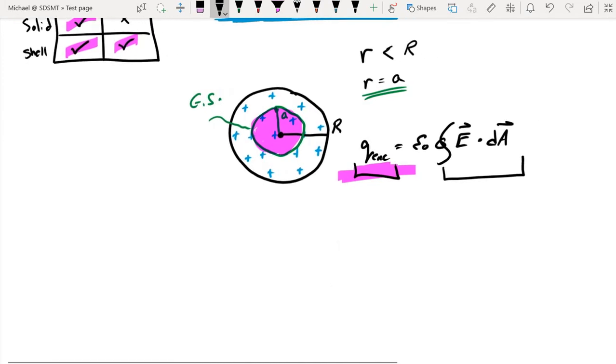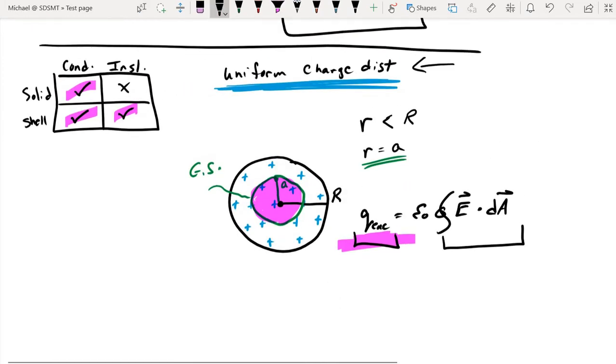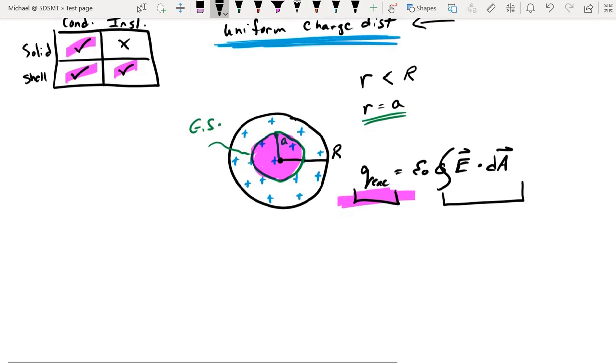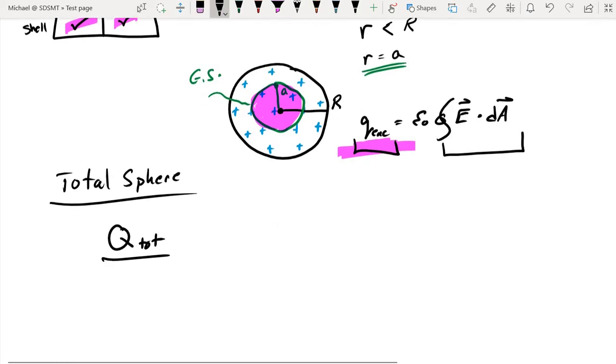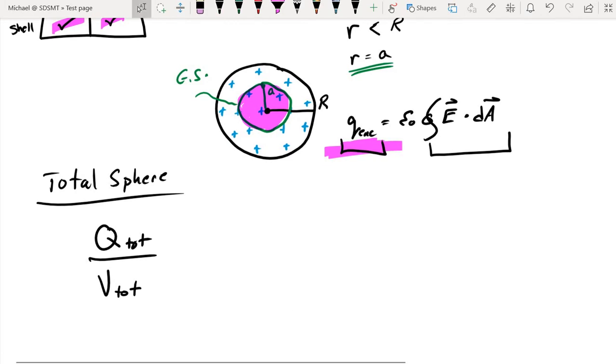So here we go. Back to our uniform charge distribution. This is going to be what saves us. For the total sphere, we have a total amount of charge Q, which has been uniformly distributed about the total volume of the sphere.